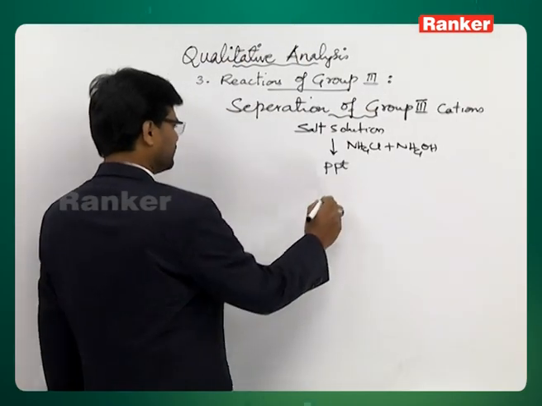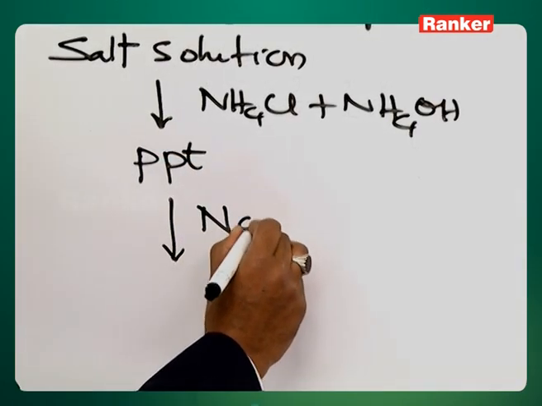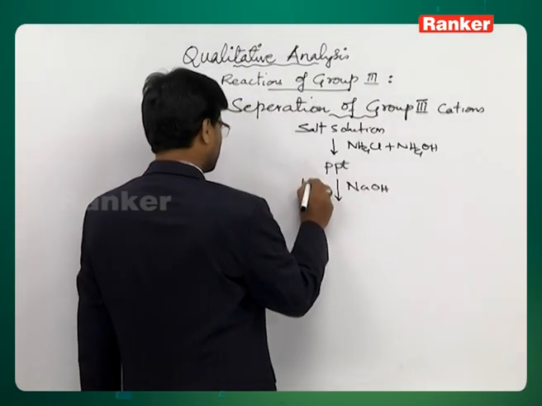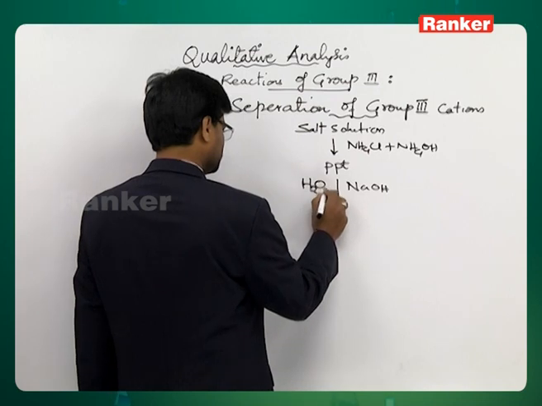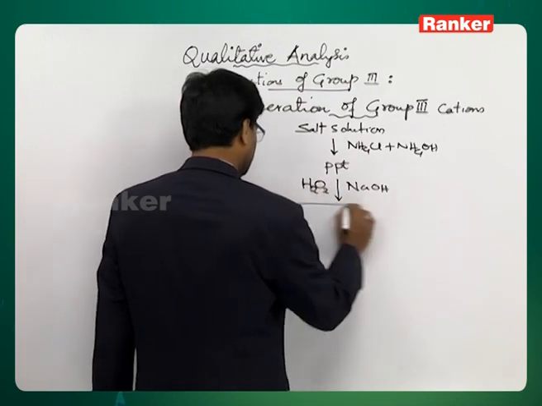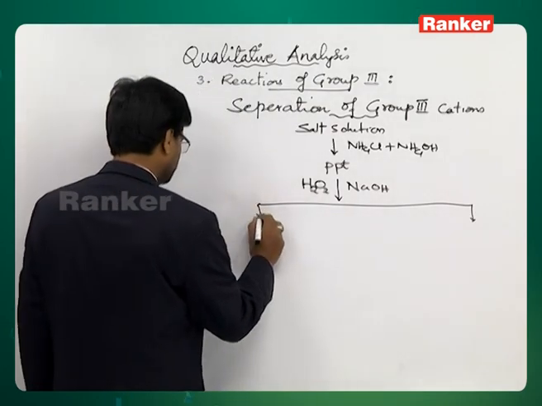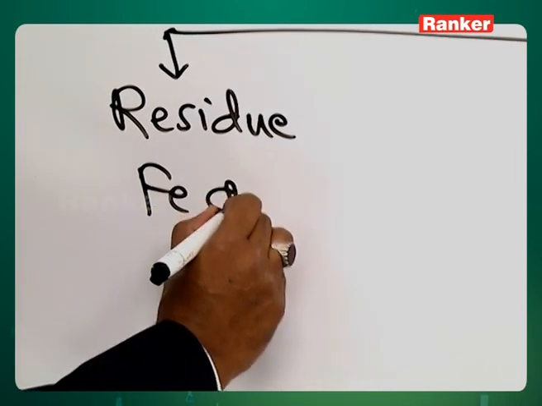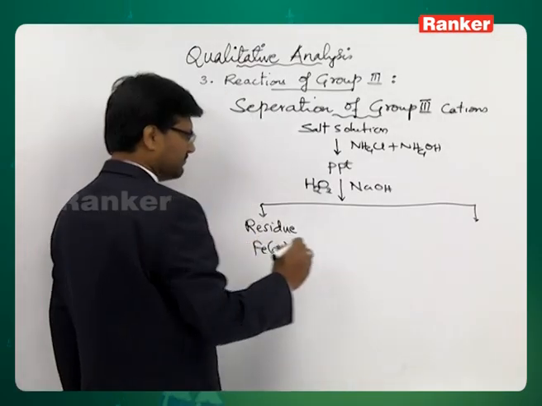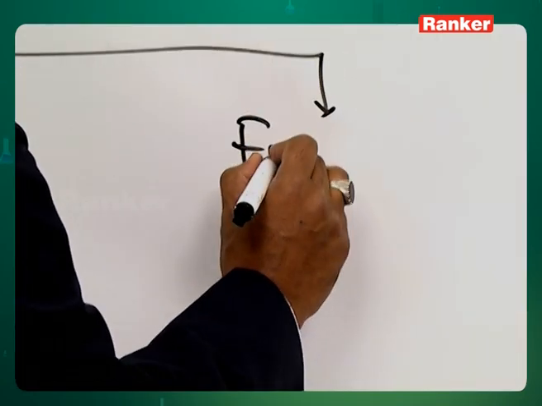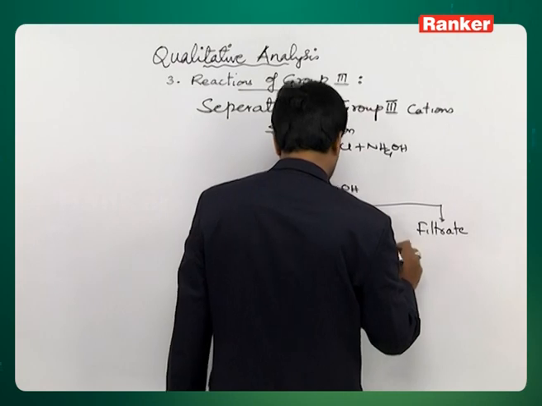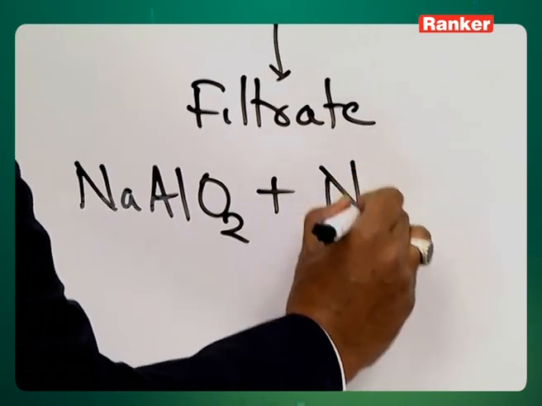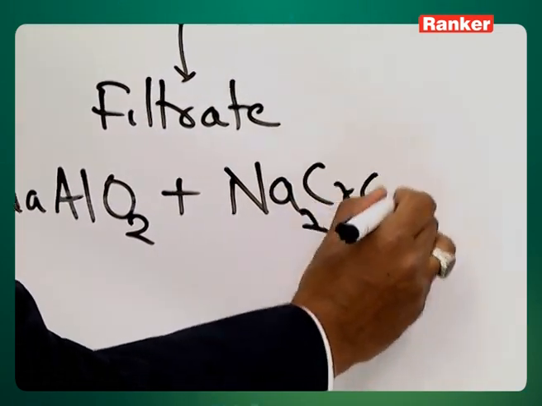You get a precipitate and to this we add sodium hydroxide and hydrogen peroxide. And then filter it. The residue contains ferric hydroxide, it is unaffected, whereas the filtrate will have a mixture of NaAlO2, sodium metaaluminate, and Na2CrO4, sodium chromate.